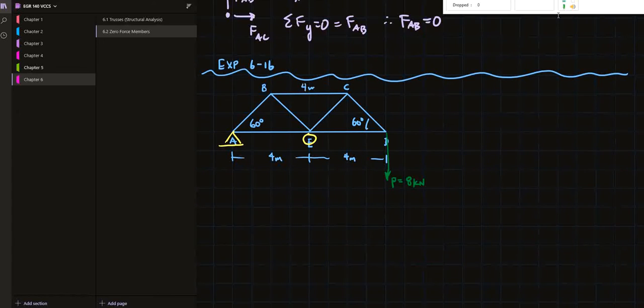And this is also 4 meters from here to here. So because of this symmetry, what it turns out is all these angles are 60 degrees. And that's if you assume that this top line here is horizontal.